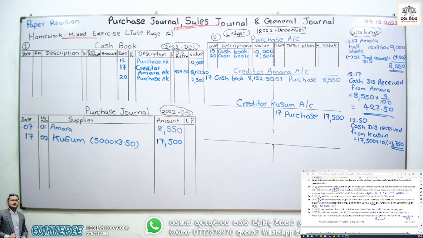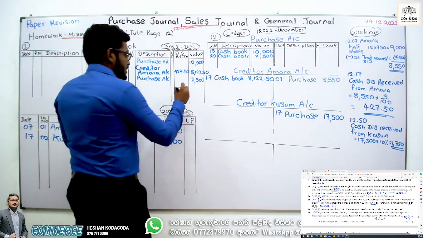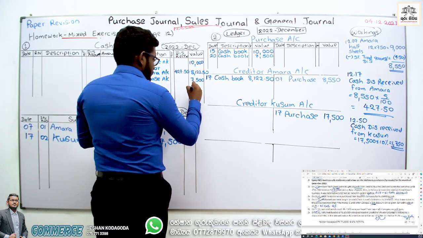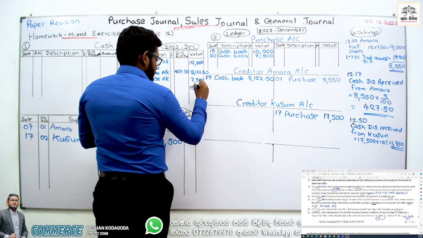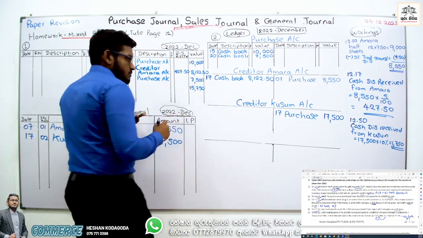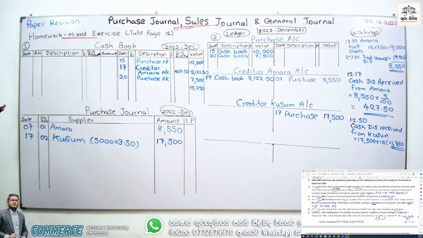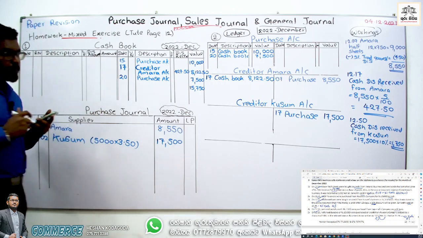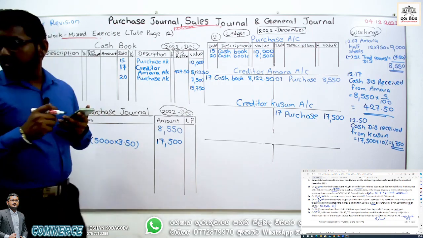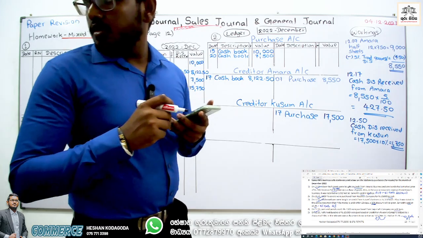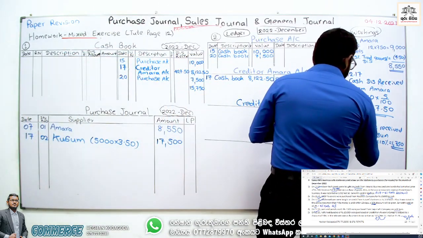Means we need to pay only 15,750. We are paying on December when? December 25th, right?